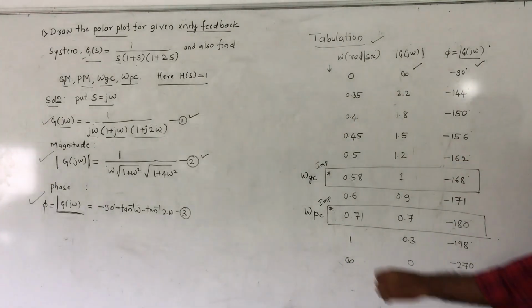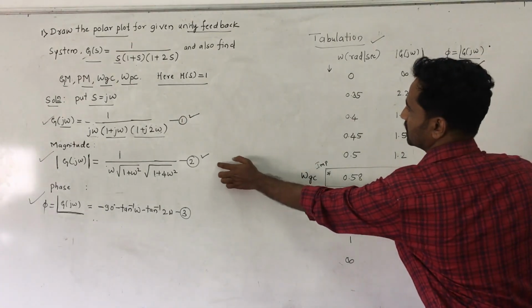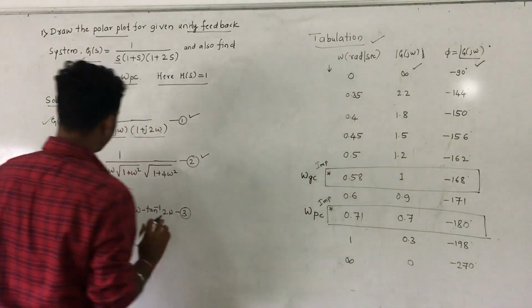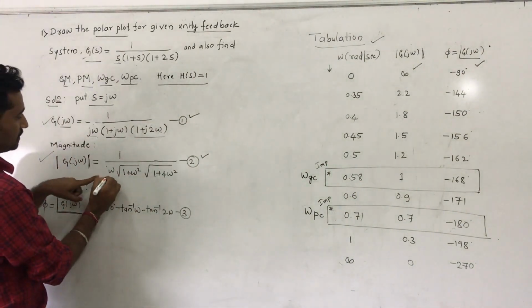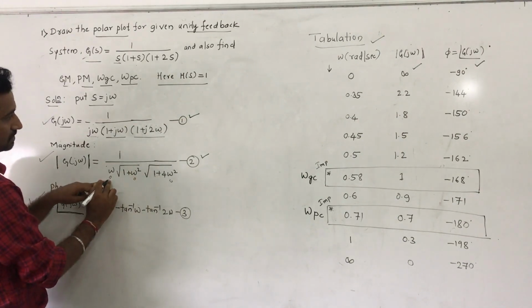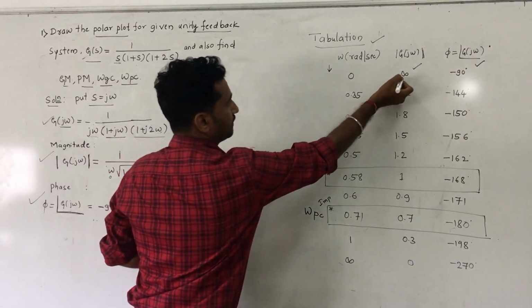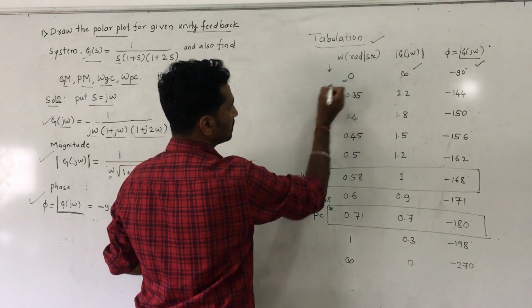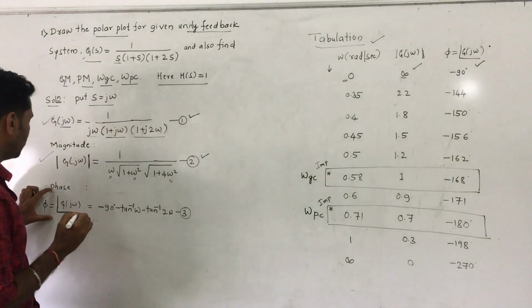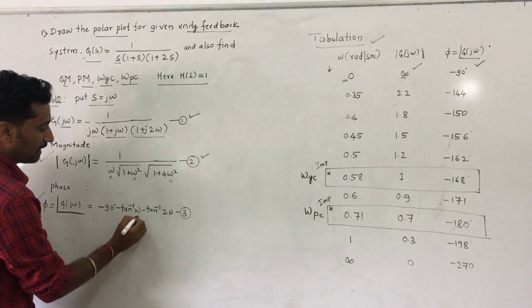Now see here, by using equation number 2, if I substitute omega as 0, this will be 0, this will be 0, 1 by 0. That results in infinity. So for omega equal to 0, the magnitude will be infinity. Similarly, to find the angle, you substitute omega as 0.